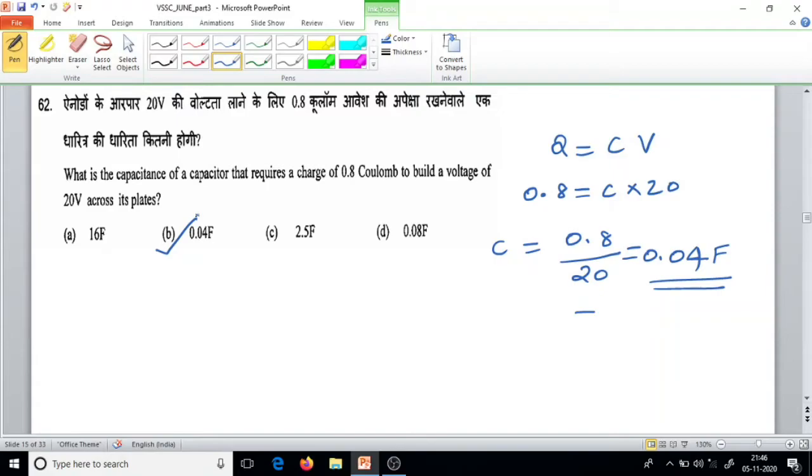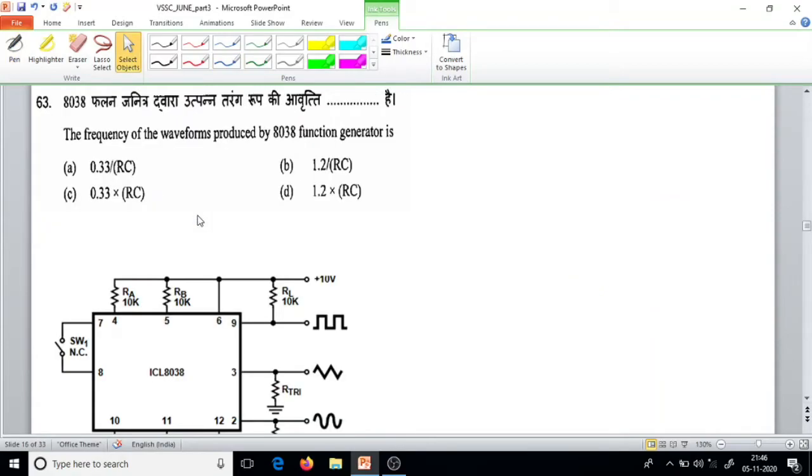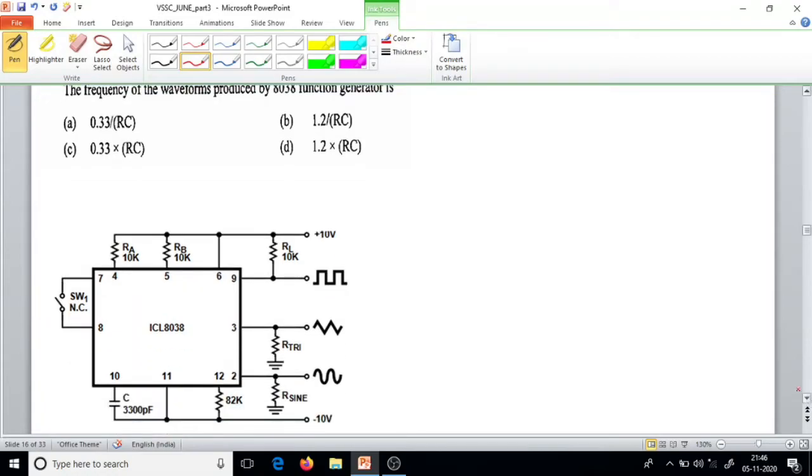The frequency of the waveform produced by 8038 function generator is... this 8038 is a function generator IC. That means it can generate sine wave. See, this is the diagram of the 8038 integrated circuit. It can generate square wave, a triangular wave, and sine wave.